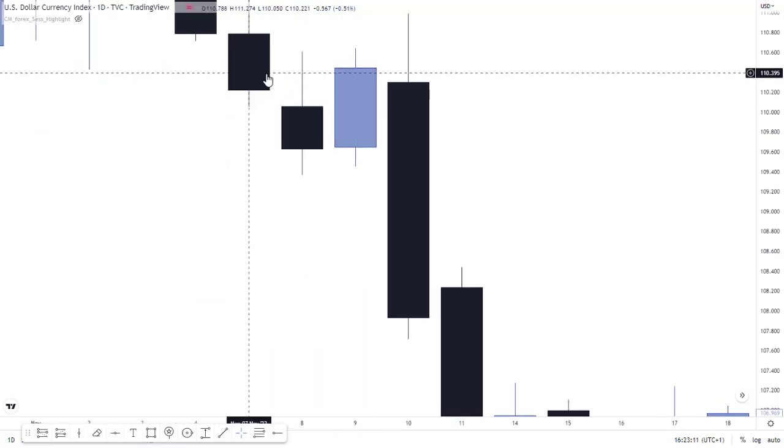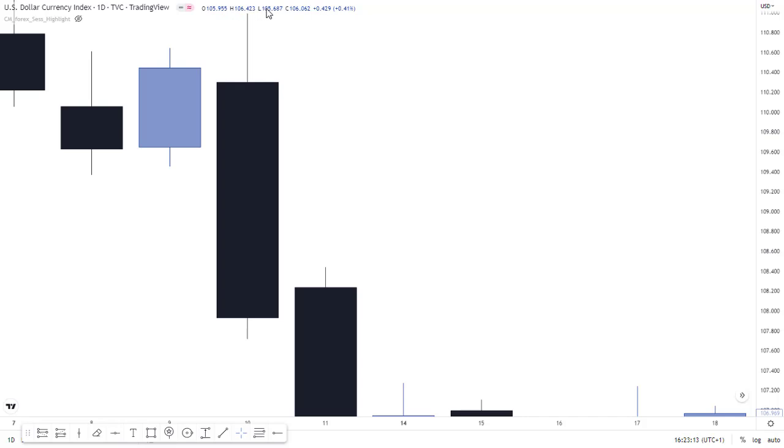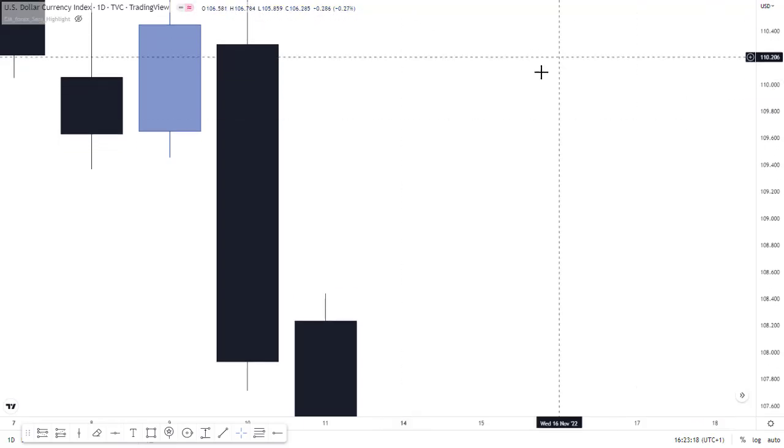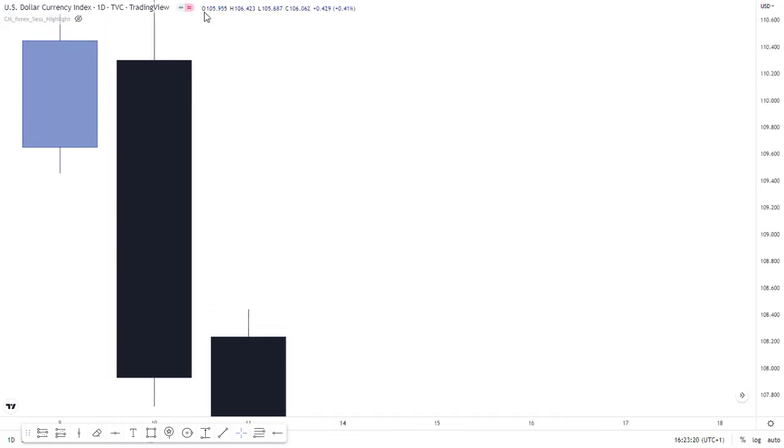Now if you take a look at these prices on top of this chart, you can see there is O here, there is H here, there is L here, there is C here. What it means is the opening price, high of that candle, low of the candle, and close.